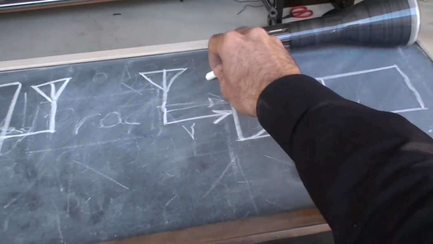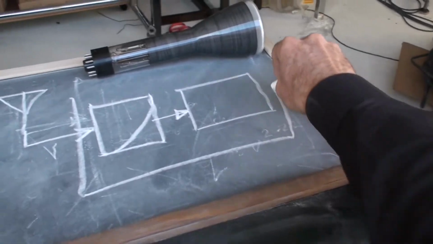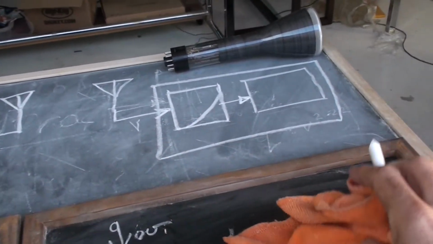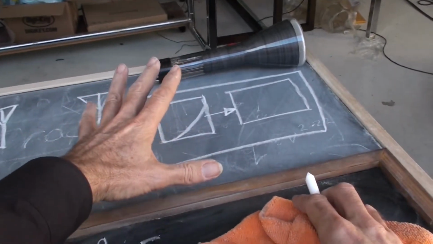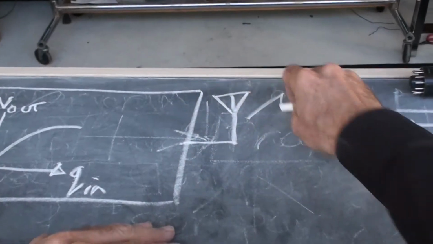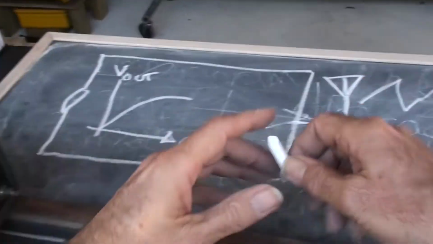And this whole thing is the television receiver. It has that function built into it. So now we've got that whole assembly, and the signal is transmitted like this.